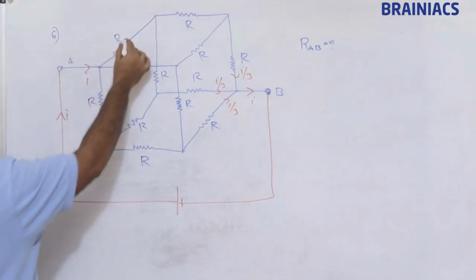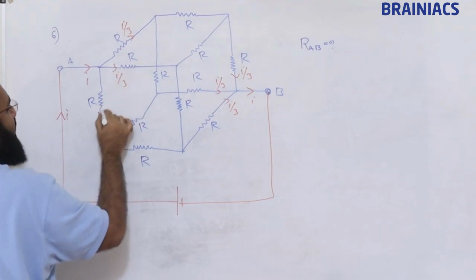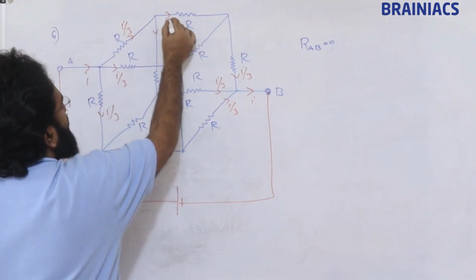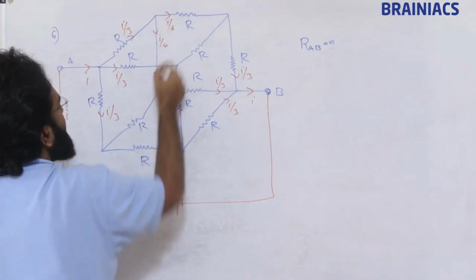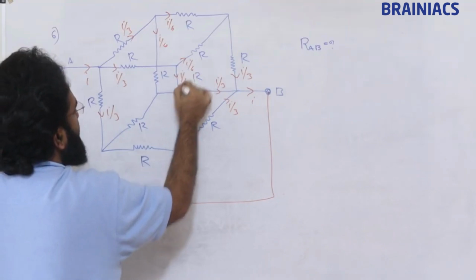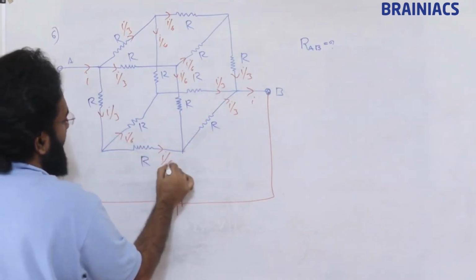Here also the same resistance, this is symmetric, I by 3, I by 3 and I by 3. After reaching here, this will divide into 2. So I by 6, I by 6, here I by 6, again I by 6, and here again I by 6 and I by 6.